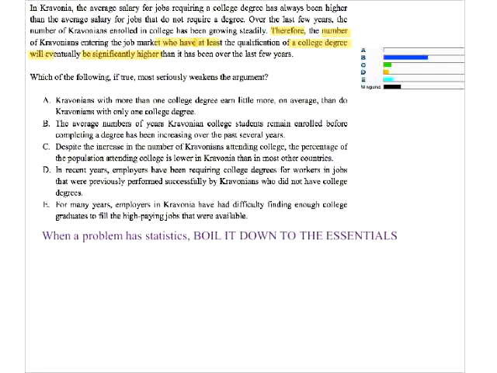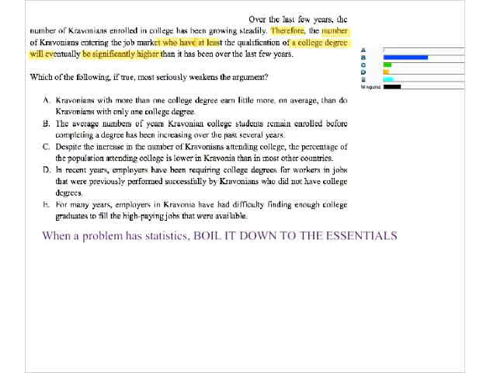The average salary part is just background, so that's basically not even relevant to the argument, because that has nothing to do with the number of people who have degrees. So the argument is basically just more people are enrolled in college, therefore the number of people who graduate with degrees is going to be higher.